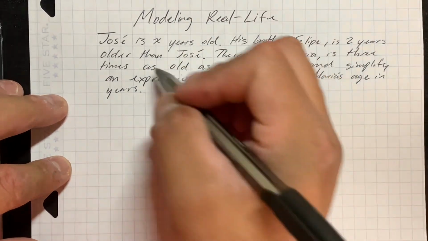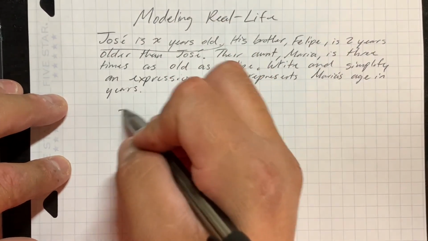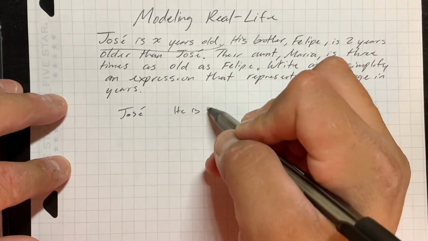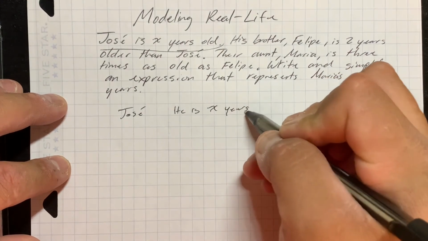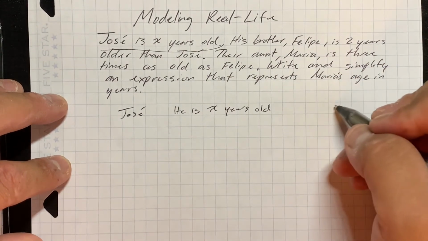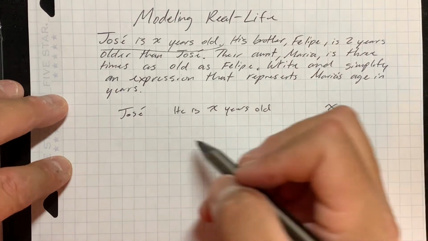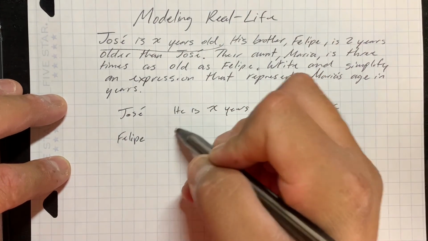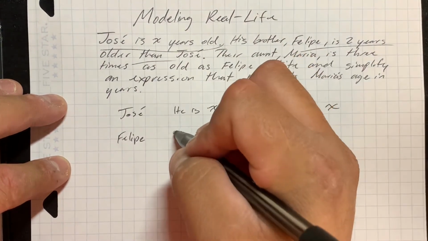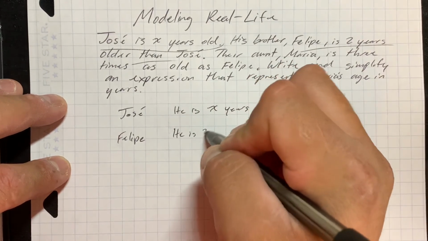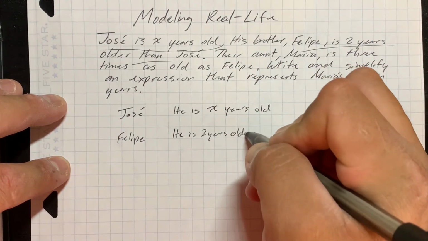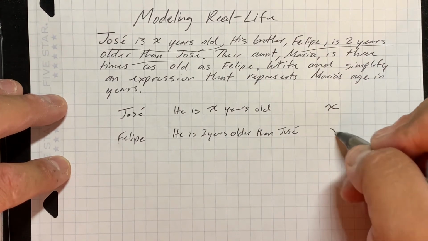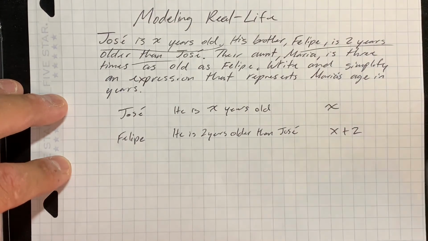Let's see here. Things that we do know. We do know that Jose is X years old, so the expression is going to be X. There's Felipe. We do know that he is 2 years older than Jose. So that expression would be X plus 2, because he's 2 years older than Jose.